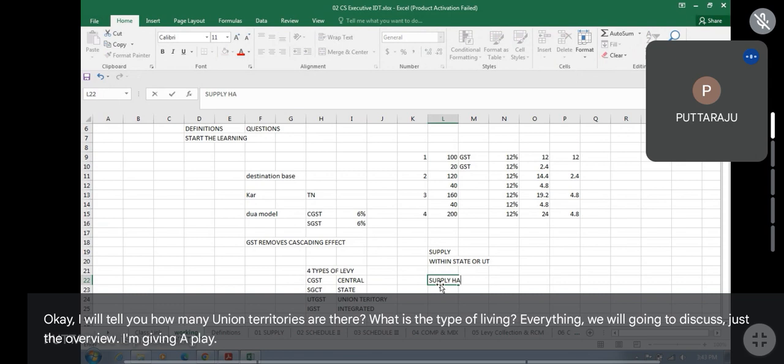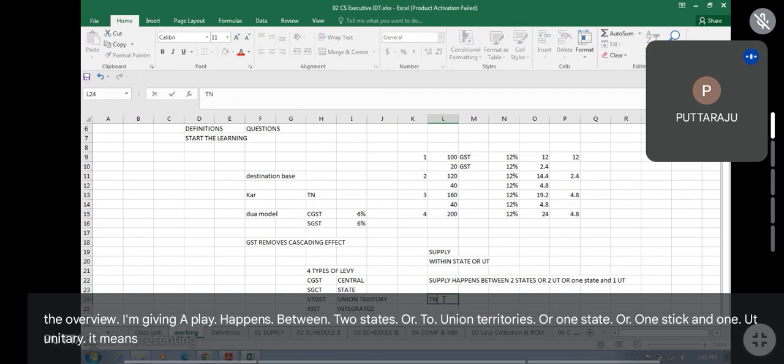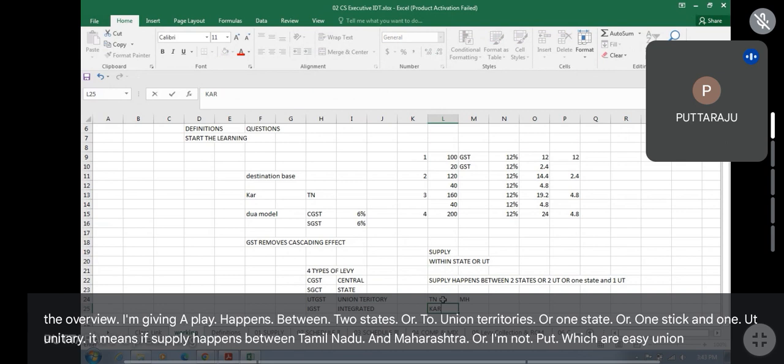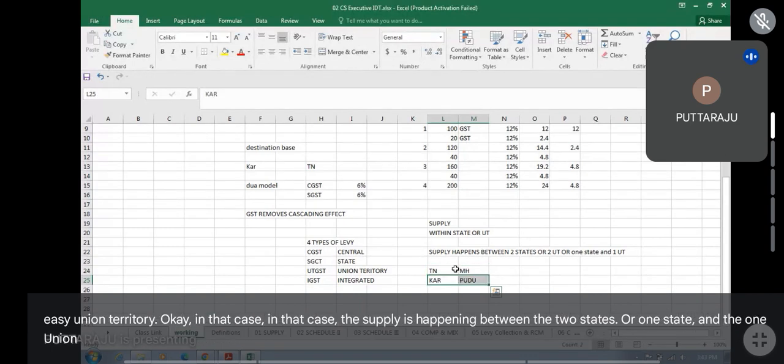If supply happens between two states or two union territories or one state and one union territory, that means if supply happens between Tamil Nadu and Maharashtra or Karnataka, in that case the supply is happening between two states or one state and one union territory.